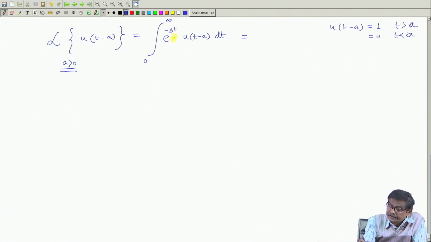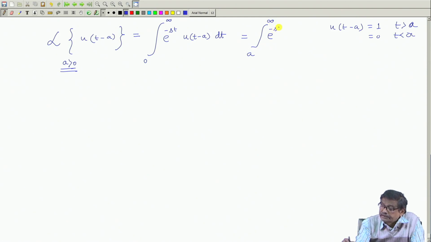So, this integration can be replaced by a to infinity e to the power minus s t d t, because u(t minus a) is 0 for t less than a. So, from 0 to a, nothing will be there, the function is multiplied by 0.